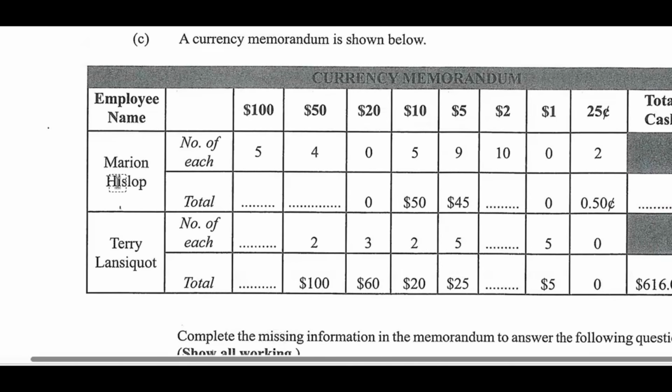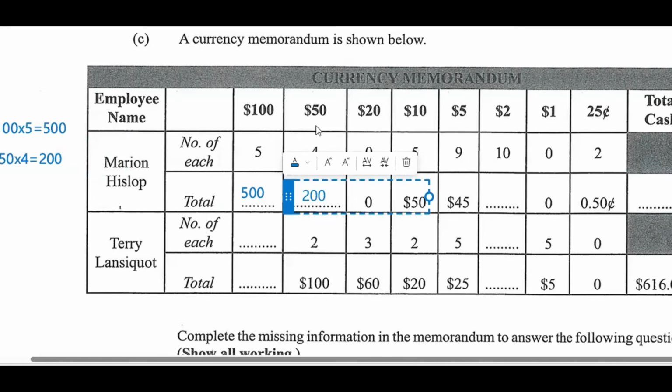So let's start with Marian Hislop. If he's getting 5 $100 bills, how much is that? That is 100 multiplied by 5. That's 500. So here will be 500. Then four $50 notes. That is $50 multiplied by 4, which is 200. So 200 here. No 20s. Then 5 $10 notes, that's 50, then 9 $5 notes, that's 45. Then $2 notes, 10 of them, which is 20.